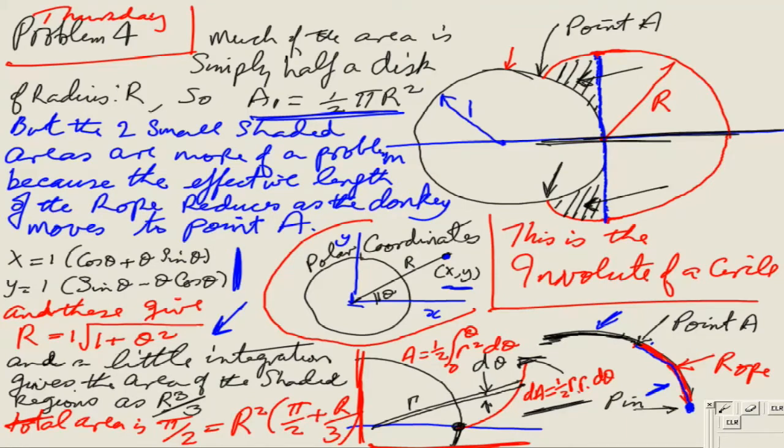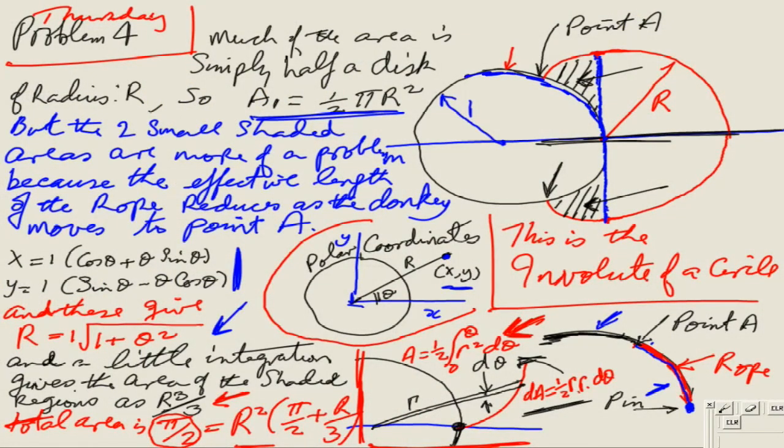When we work it out, we find that the combined areas of these two little pieces is r cubed divided by 3. It's simply integrating this equation over here. So the total area we know is to be half the area of the circle, which is pi over 2, and it should then equal r squared outside of pi over 2 plus r over 3. That's an easy enough thing to work out, so that's been left here.